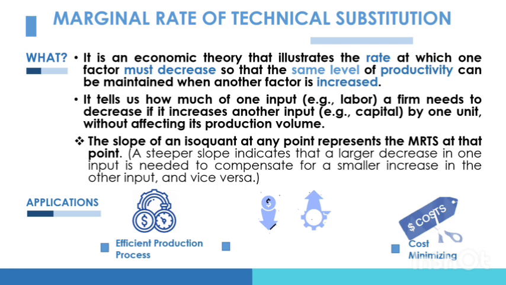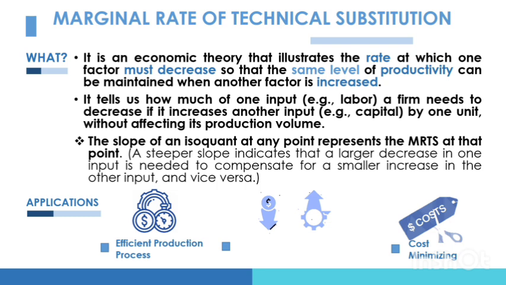Here is our most important topic for the exam: the marginal rate of technical substitution. It is an economic theory that illustrates the rate at which one factor must decrease so that the same level of productivity can be maintained when another factor is increased.